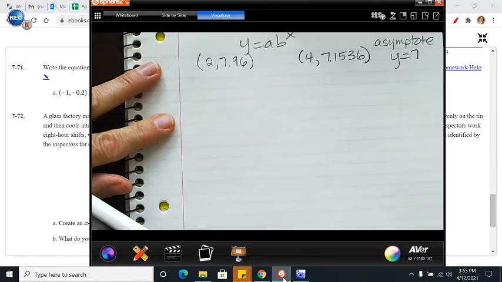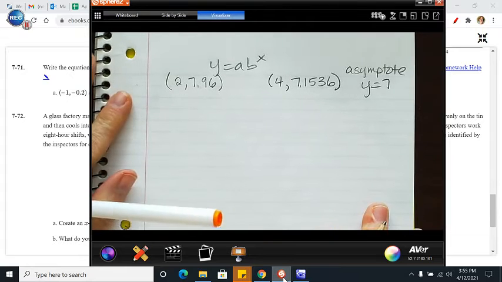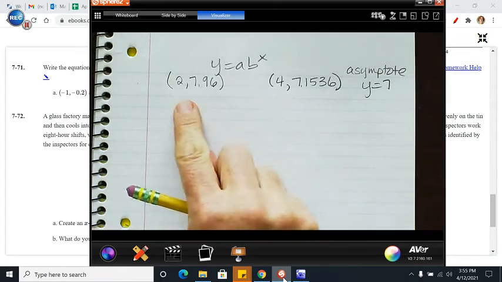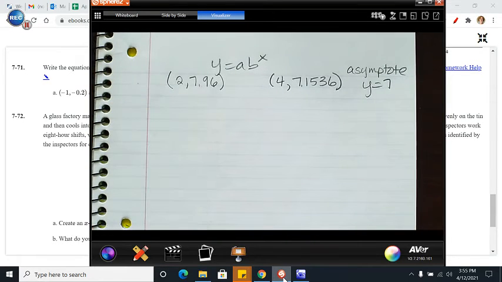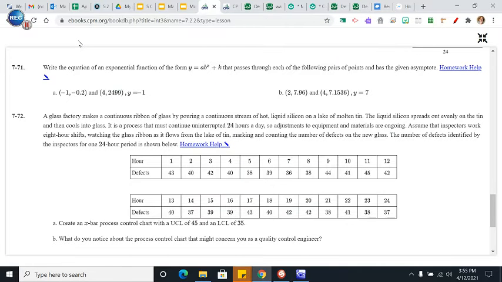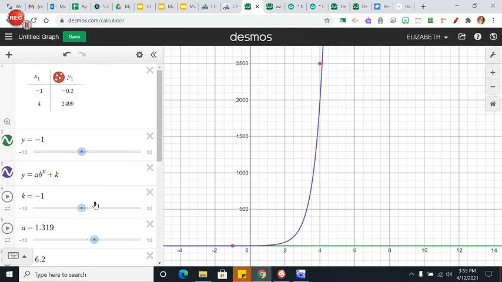Okay, so I'm going to write an exponential equation that goes through these 2 points, and you could check this on Desmos. So the very first one, let's see, what did we get for the last one?